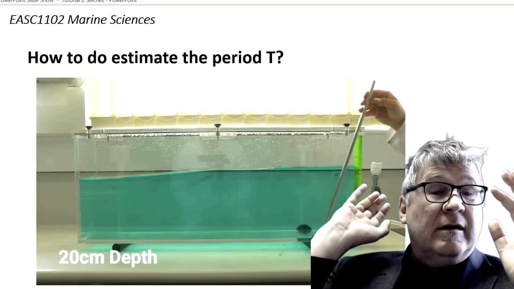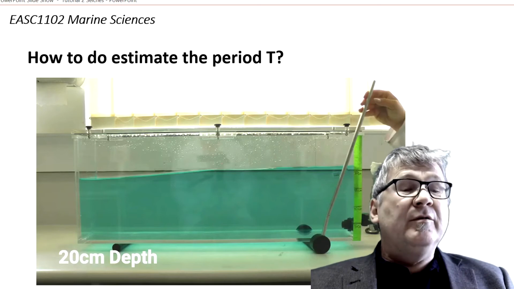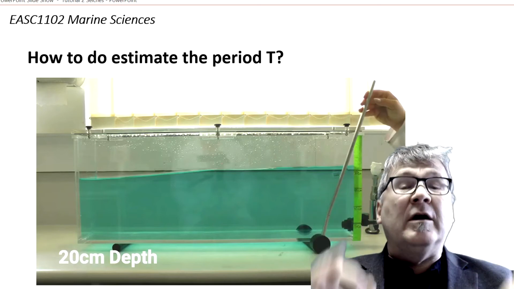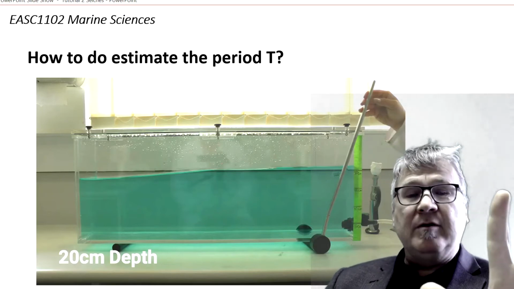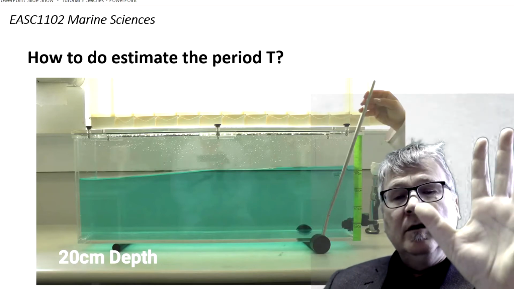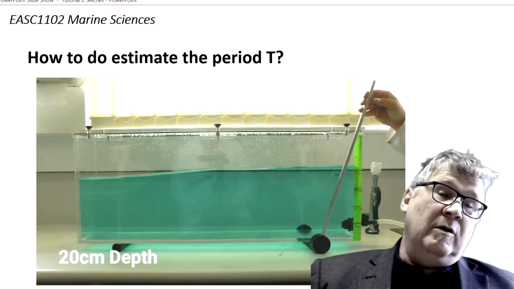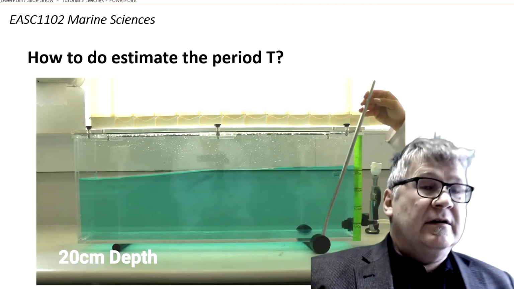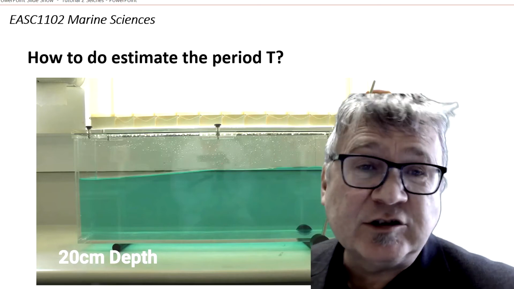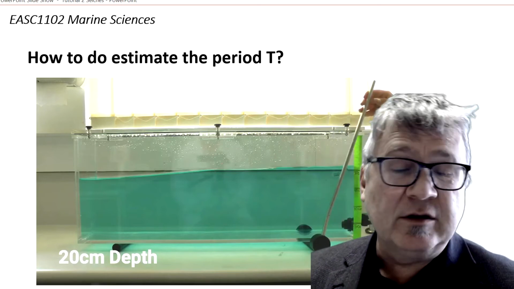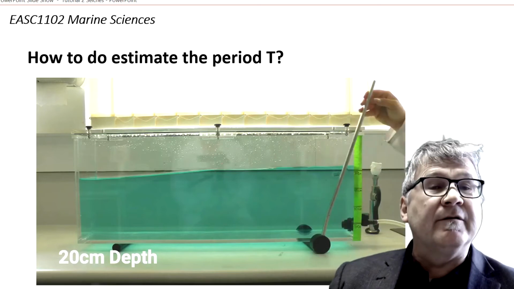Then, in order to estimate the period, you work out the duration of 5 periods, of 5 waves. You use a stopwatch to measure the time, and then you just divide it by 5.